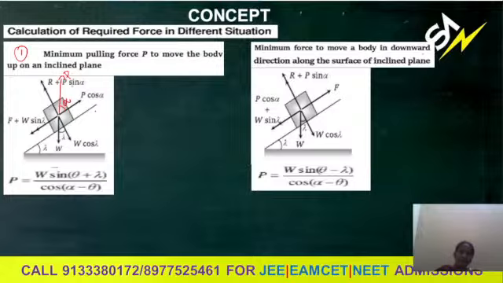This pulling force resolves into its components, as you can observe in this free body diagram. The angle of inclination is lambda, and the pulling force makes angle alpha with the inclined surface direction. The adjacent component is P cos alpha, and in this direction P sin alpha.